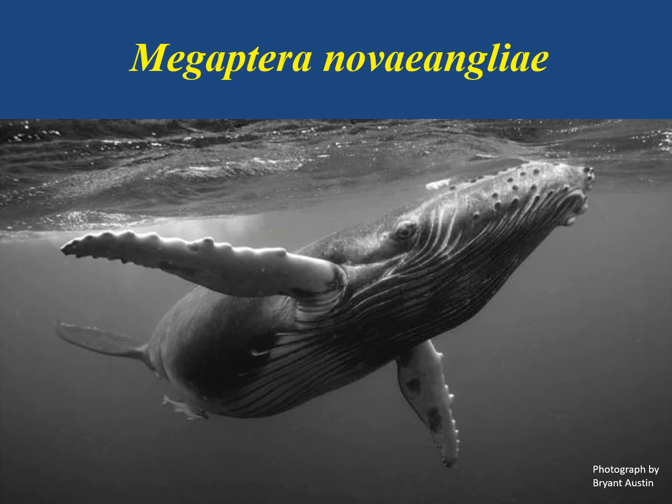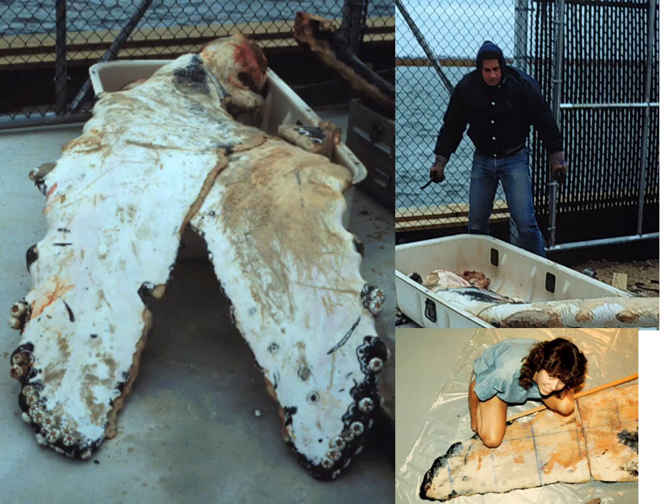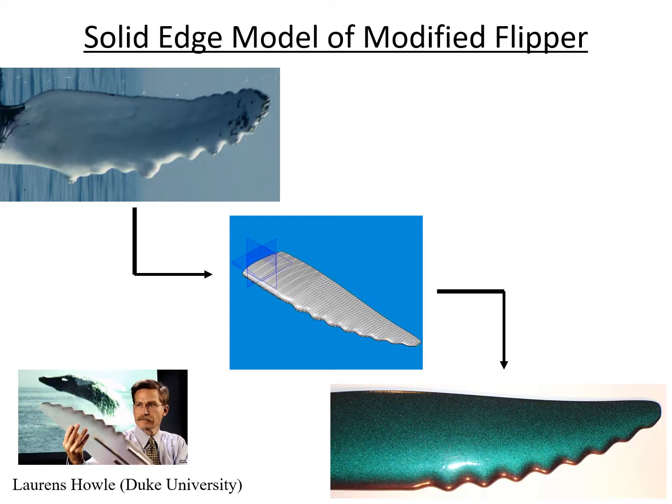So he showed this by collecting a number of flippers from whales that had been killed in accidents and things. He didn't kill any animals, of course. And making models. So he physically put these flippers into flumes and studied their fluid flow.